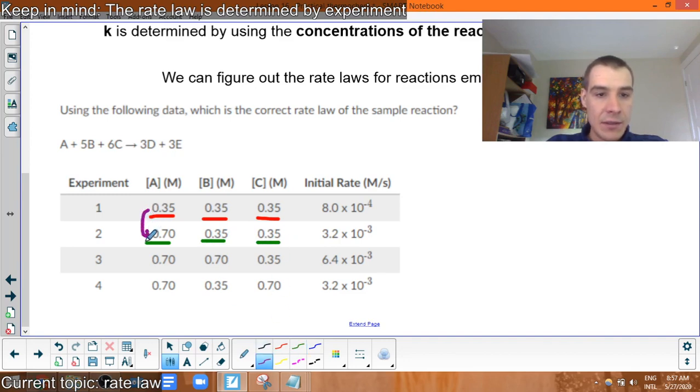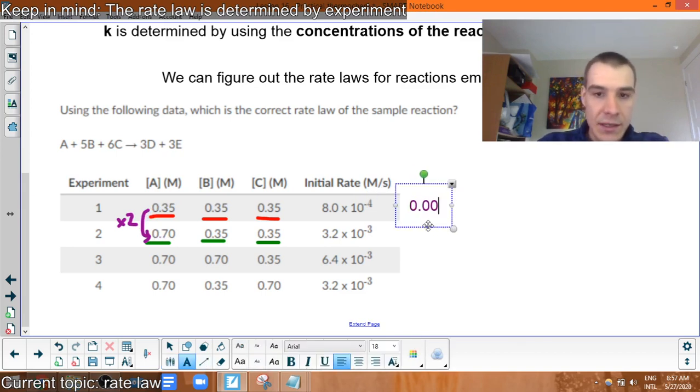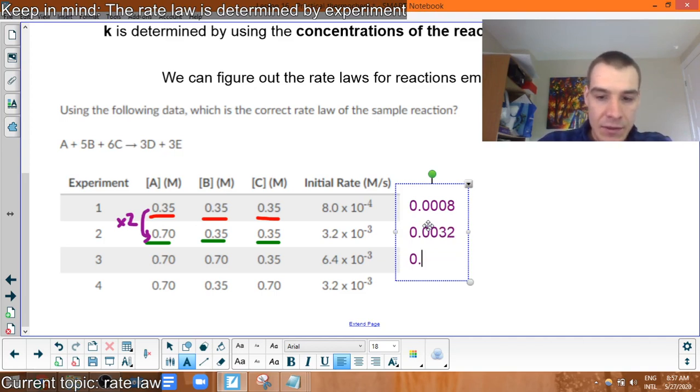This one has doubled, times 2. We have doubled the amount of A. And let's look at the reaction rate. The reaction rate went from, let's put this into not scientific notation just to make it easier for us, 0.008, this is 0.0032. And we'll just keep doing that, 0.0064 and 0.0032.